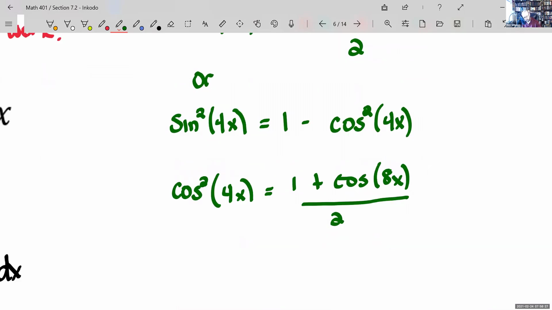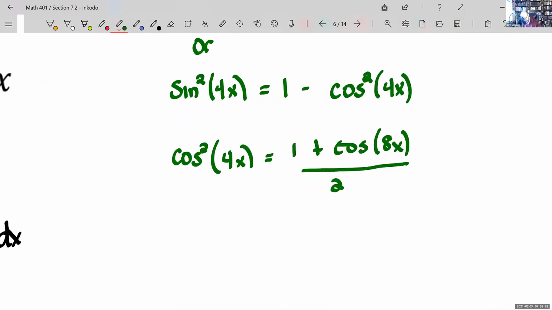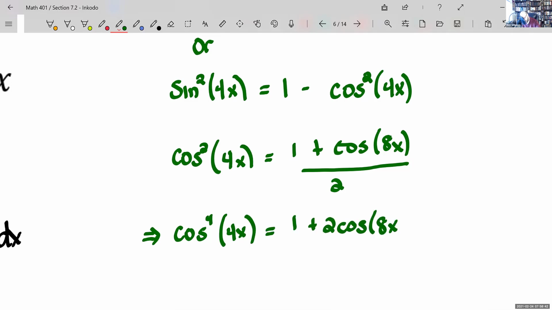So therefore, if you square both sides, that will imply cosine to the 4th of 4x is equal to 1 plus 2 cosine of 8x plus cosine squared of 8x all over 4.